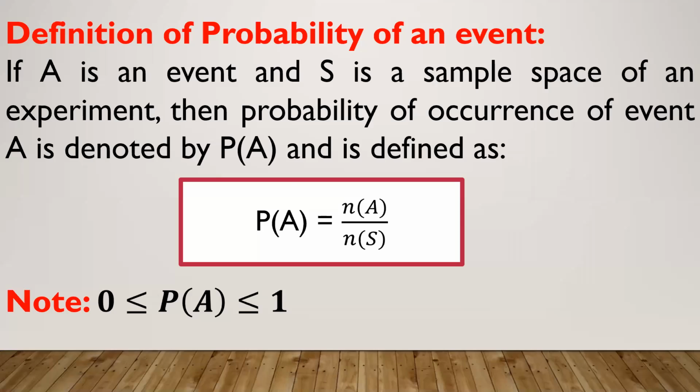Then find out what the event A will have, number of points in A. And then the probability of the event A will be number of points in A divided by number of points in S. And the value of the probability should always be between 0 and 1. It can be 1, but it should not be bigger than 1. And also it cannot be negative.